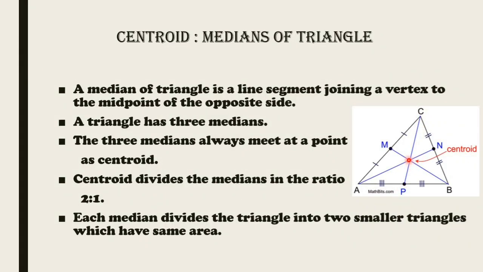If we call this centroid point O, then CO upon OP will be equal to 2:1. Similarly, we will have BO upon OM equal to 2:1 and AO upon ON equal to 2:1.